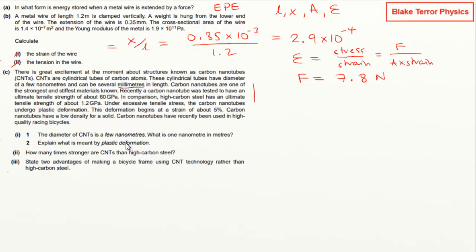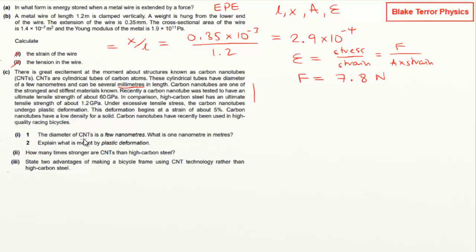Recently, a carbon nanotube was tested to have an ultimate tensile strength of 60 gigapascals. Wow. In comparison, high carbon steel has an ultimate tensile strength of about 1.2 gigapascals. Under excessive tensile stress, the carbon nanotubes undergo plastic deformation. This deformation begins at a strain of about 5%. Carbon nanotubes have a low density for a solid, and have recently been used in high quality racing bicycles.